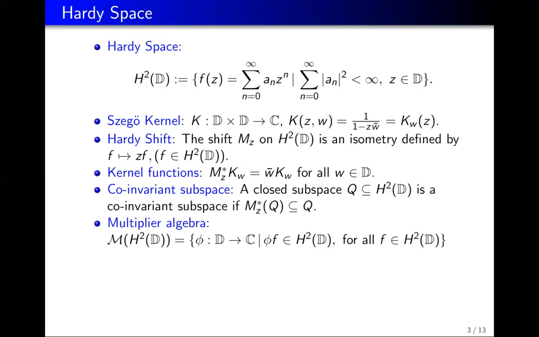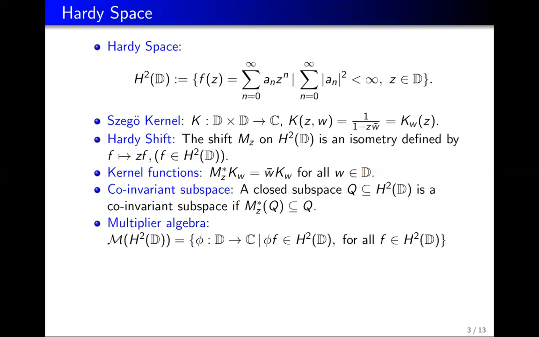Another thing is that, because of this fact, it induces an operator, simply multiplication by this function phi. You define a multiplication operator by mapping f to phi times f. That will be a well-defined operator from Hardy space to Hardy space, and a direct application of the closed graph theorem will tell you that such an operator is actually bounded.